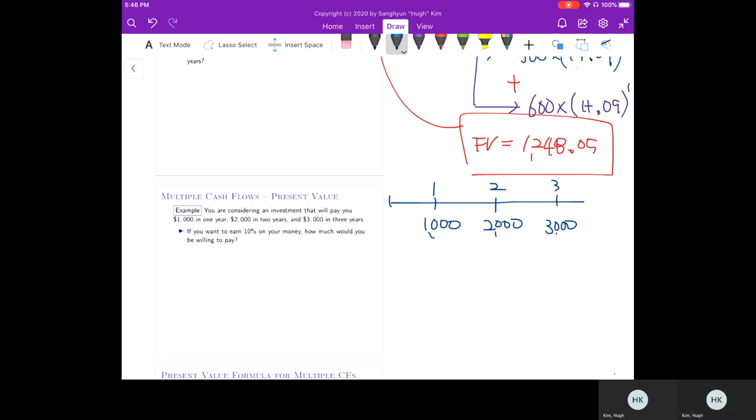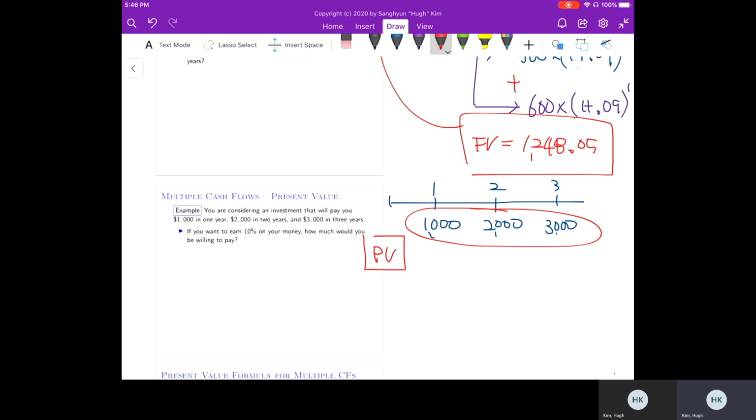Okay. So if you want to earn 10% on your money, how much would you be willing to pay for this investment opportunity today? Okay. So this example is asking, what is the present value of these three cash flows?